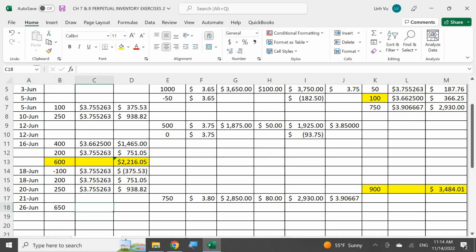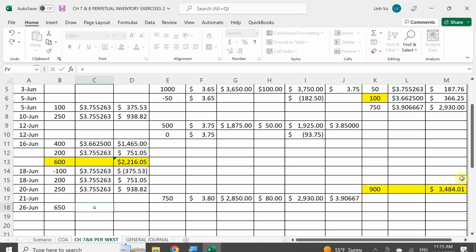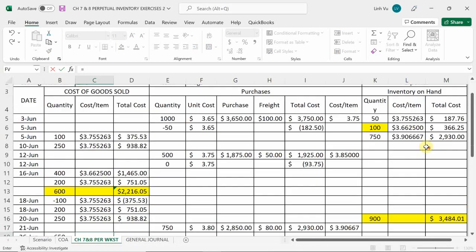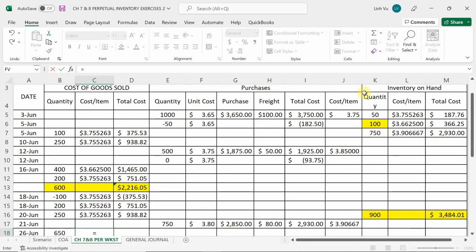650 mugs. Okay, so taking a look at my batches of inventory, I have my first batch at 50. I have my second batch, which is supposed to be my 100 batch that I have the large cups in. And then I have the 750 right here that I just recently purchased.